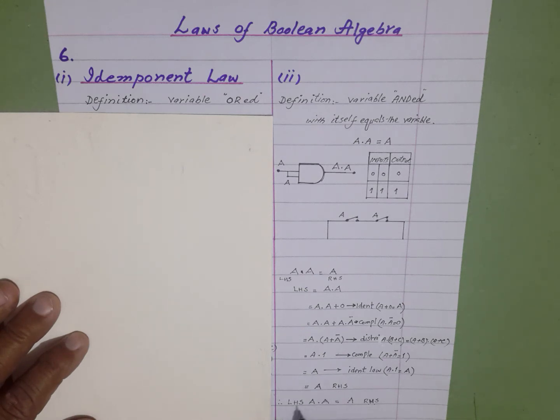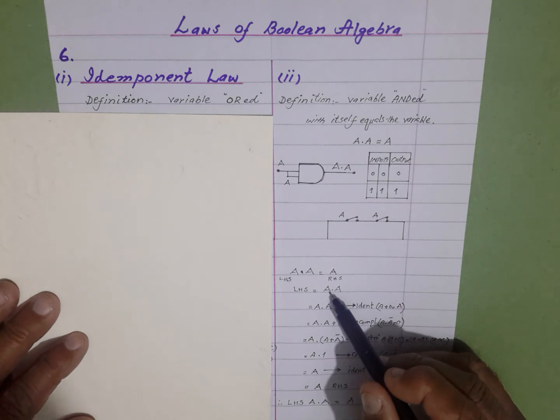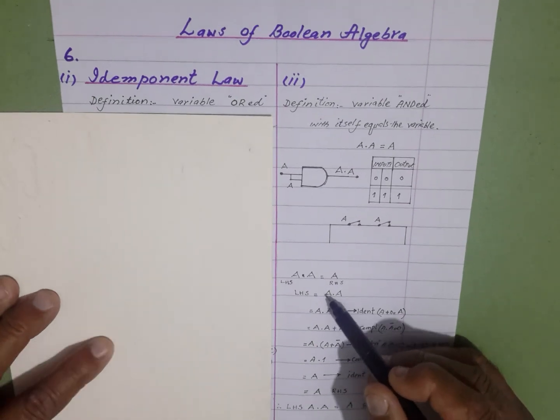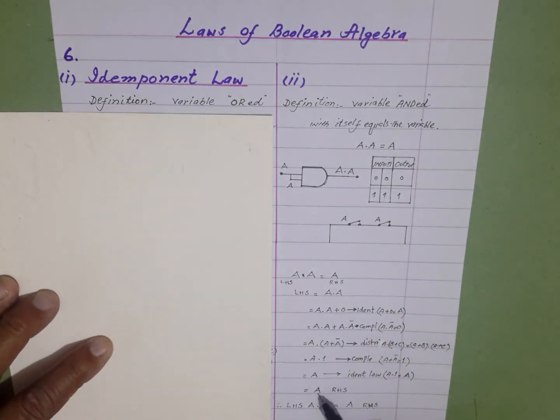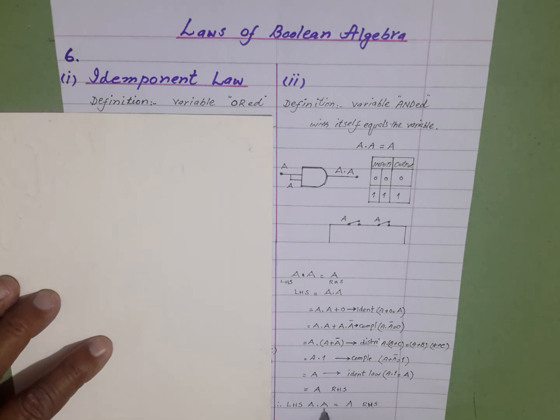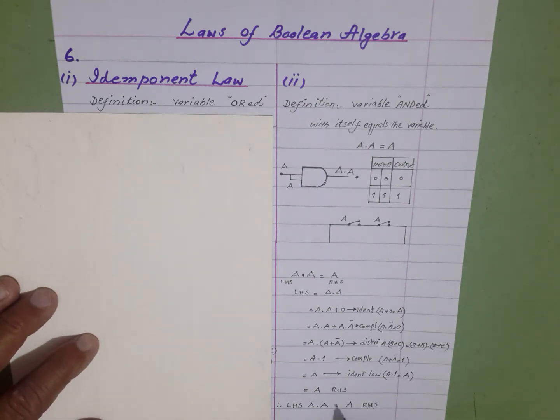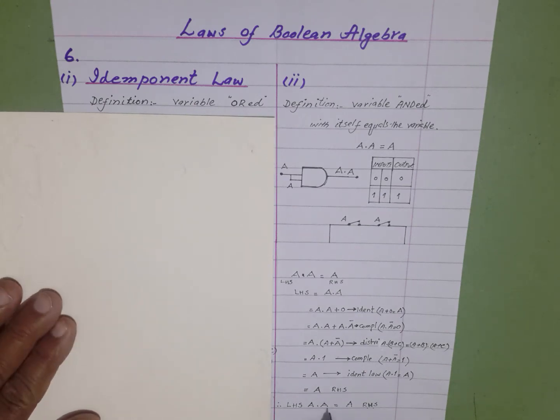Therefore we can say left hand side A dot A is equal to A. We started here, A dot A, and finally we reached A. We can say A dot A is equal to A, or by virtue of the definition, a variable ANDed with itself equals the variable.